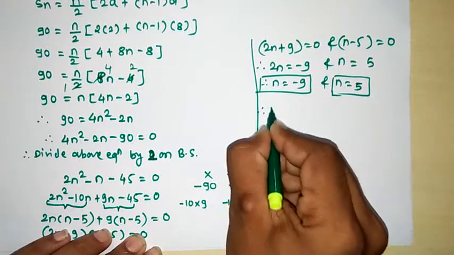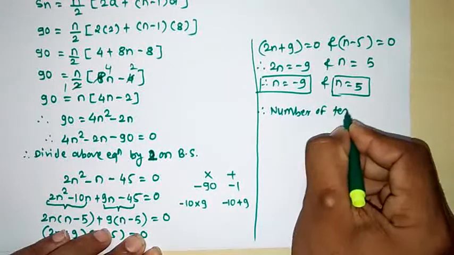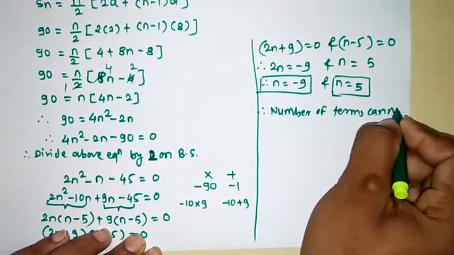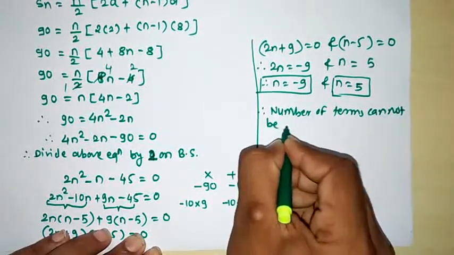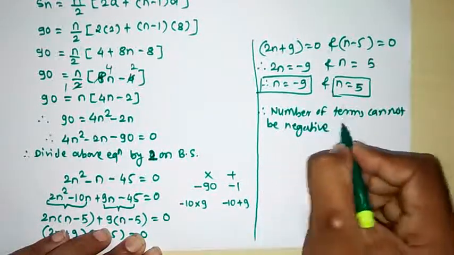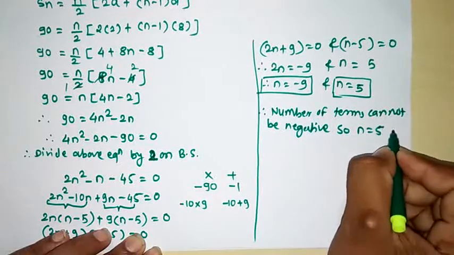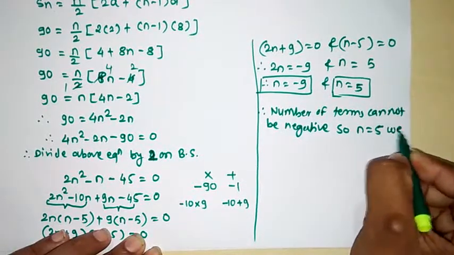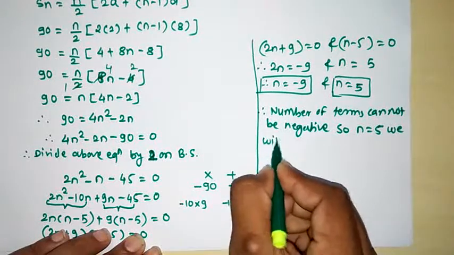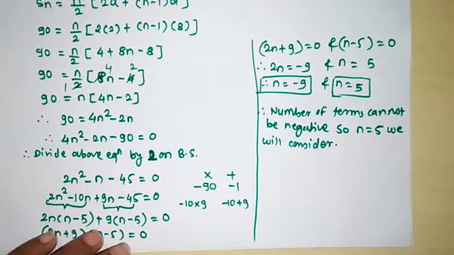Therefore number of terms cannot be negative. So n is equal to 5 we will consider.